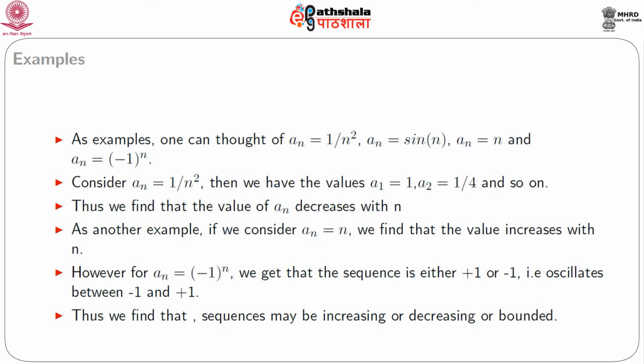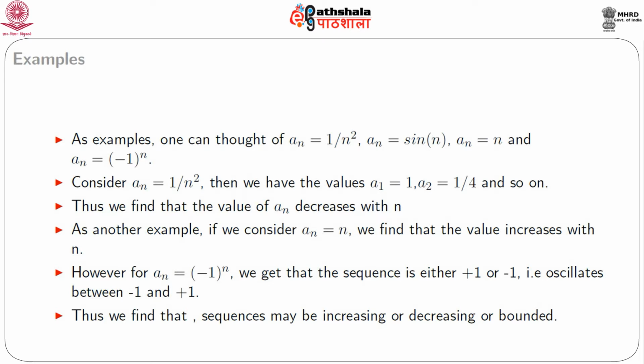As an example, one can think of 1 by n square, or sin n, or minus 1 to the power n. So, consider 1 by n square. Then we have the values a1 equal to 1, a2 equal to 1 by 4, a3 equal to 1 by 9 and so on. Thus, we find that the value of a_n decreases with n.